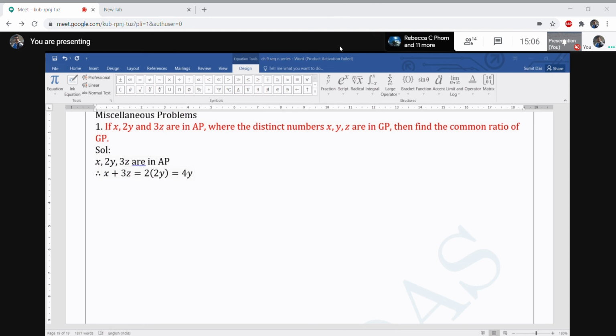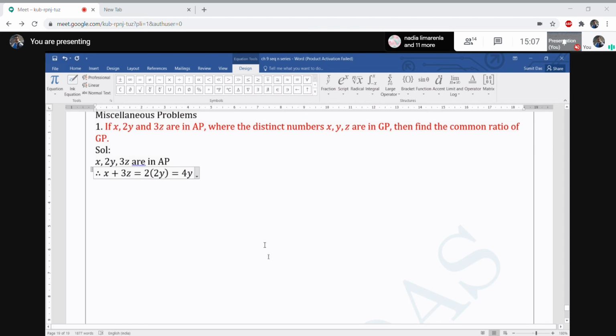Because if any three numbers are in AP, using the formula we can write this. If a, b, c are in AP, we can write a plus c equal to 2b. So we are writing a plus c, which is x plus 3z, equal to 2b. b is 2y.